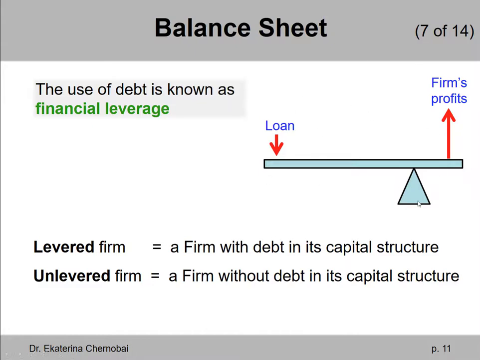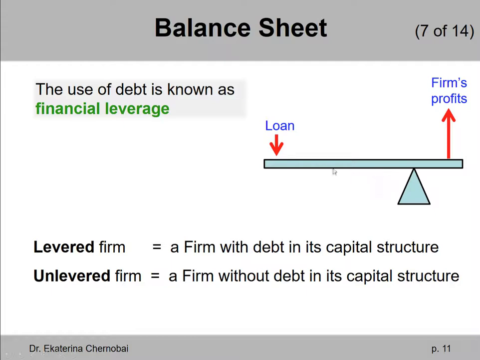Then this little picture here shows something from physics, where you push on the longer end of the surface just a little bit, and it pushes up the other shorter end by a lot. So that's actually where the term leverage is coming from.